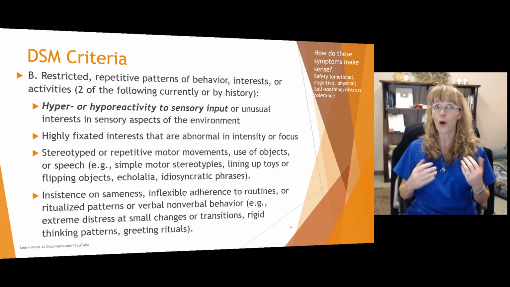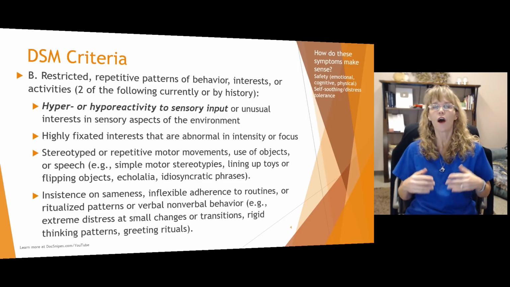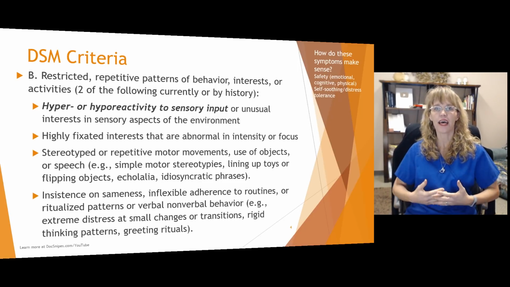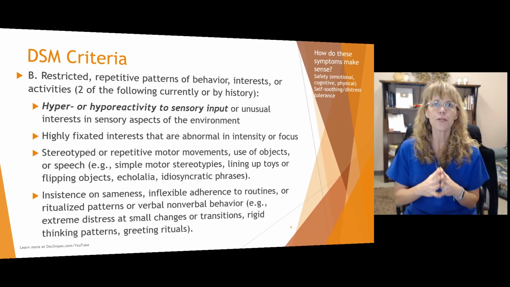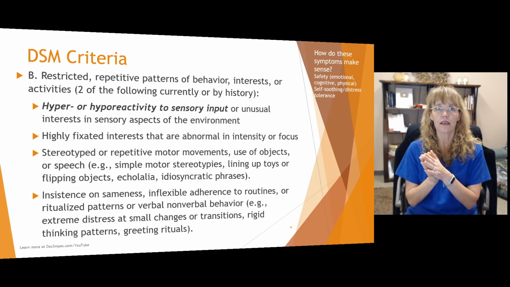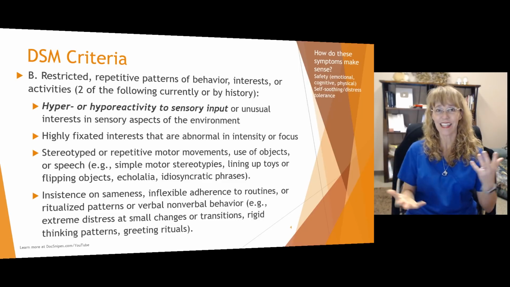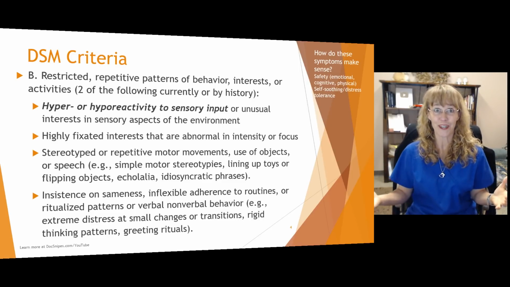Or they could be hyporeactive. So sight, sound, smells, temperature, those things feel way less intense to them than to people who are neurotypical. And that's important because autism spectrum disorder is something that they hypothesize exists from the time the child is born.